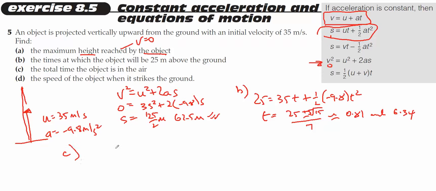Part C says the total time that the object is in the air. The total time the object is in the air is 2 times the time to reach the top.